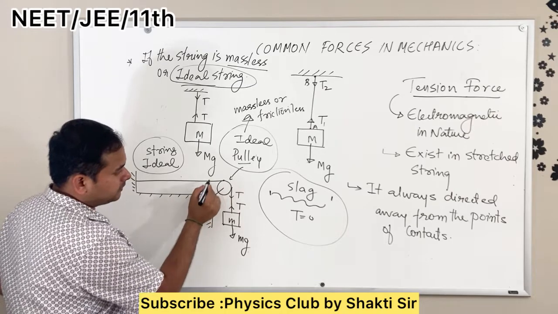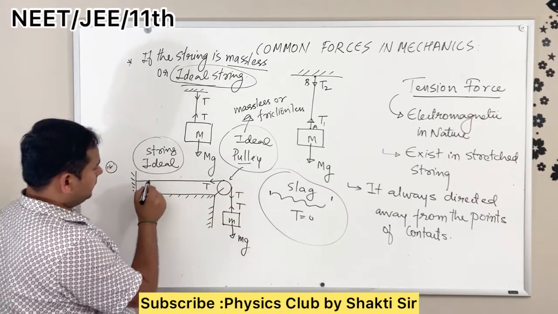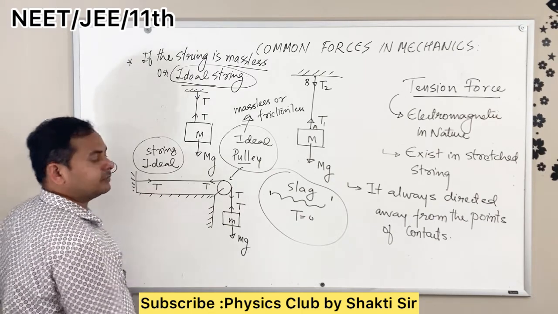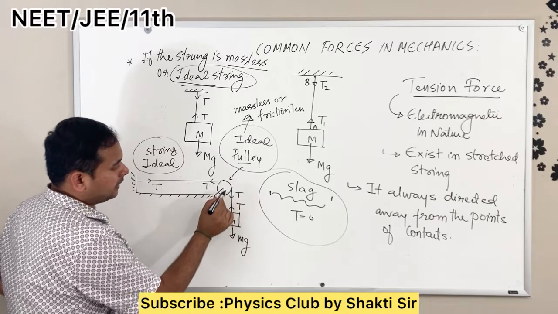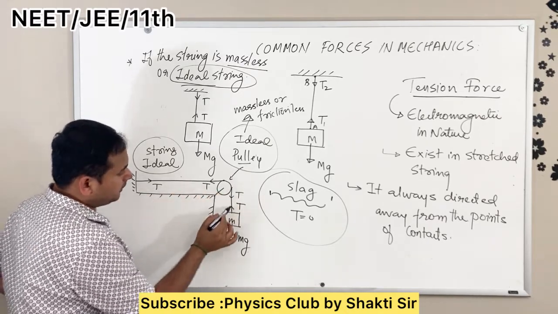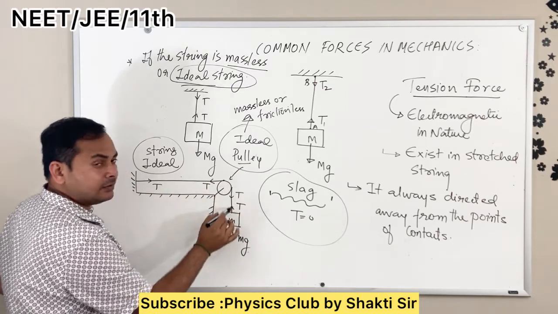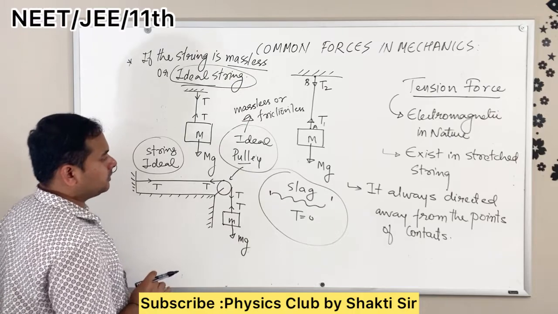So we learned that when the string is ideal and the pulley is also ideal, then the magnitude of the tension in a string remains the same. Okay, this is one situation.